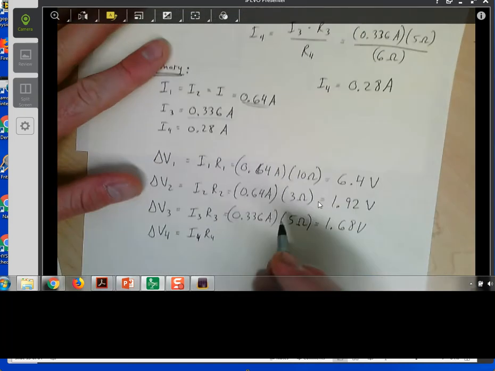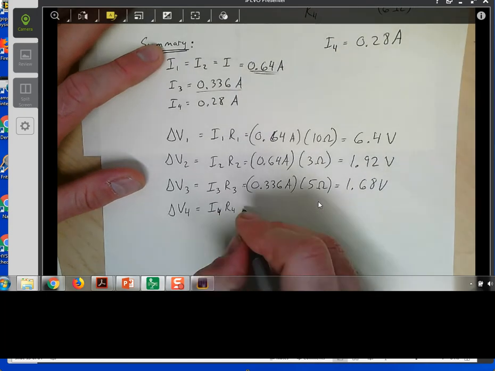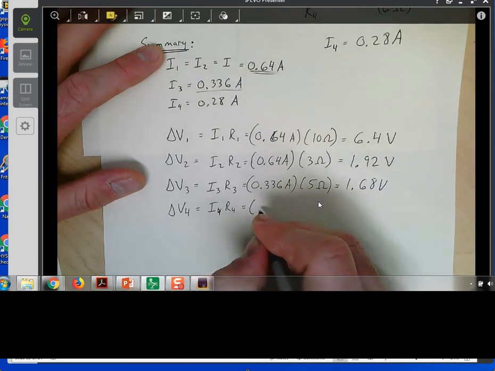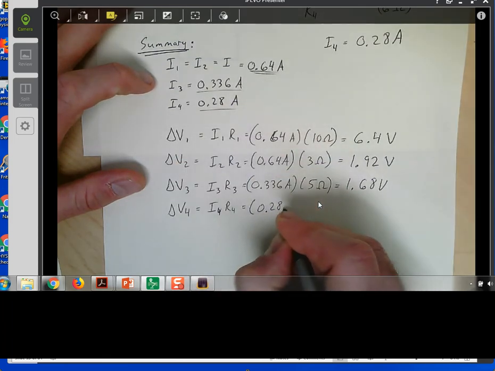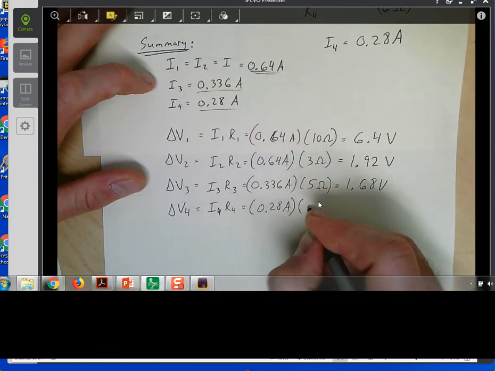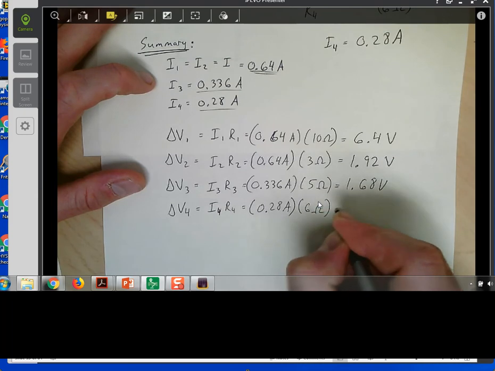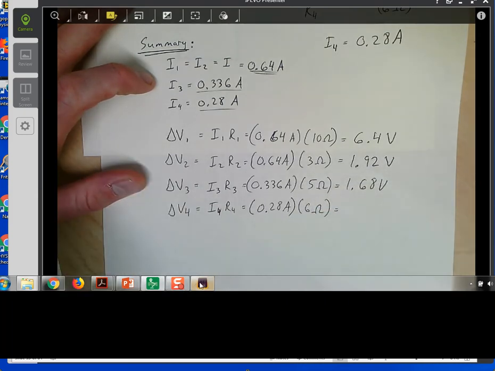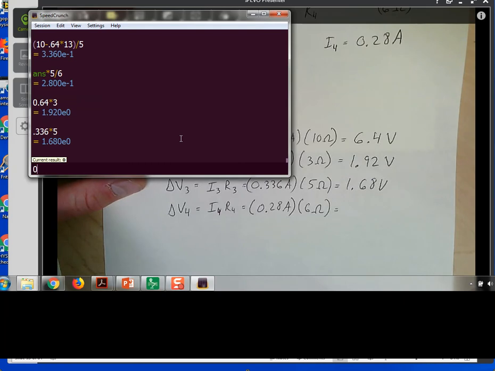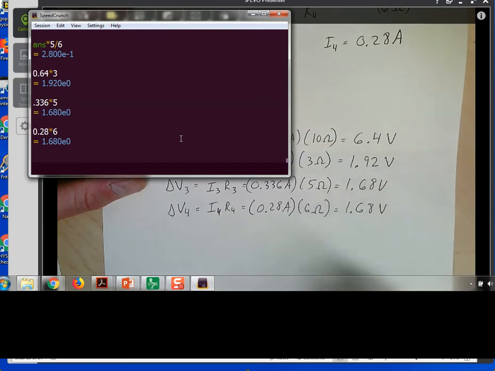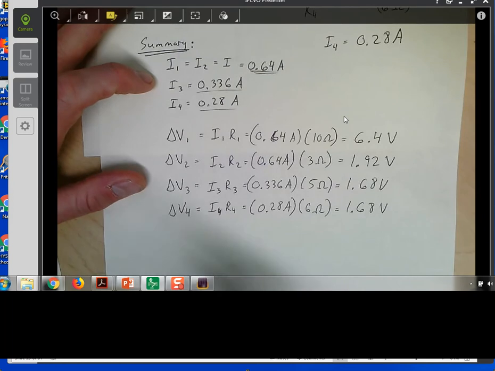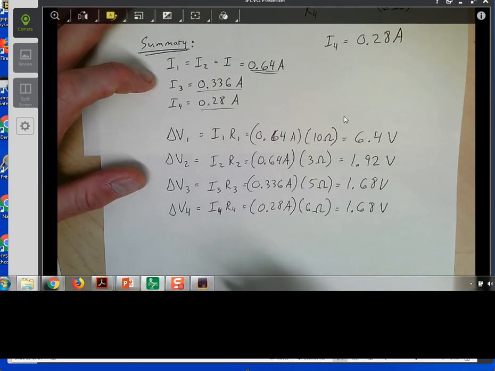So if that's true, doing this one should actually yield the same result, that I4, which is 0.28 amps, even though it has a different current going through it, going through the 6 ohm resistor is going to yield 0.28 times 6. It's also 1.68 volts, just as we had expected from knowing that those were two resistors in parallel. So we've solved for everything.